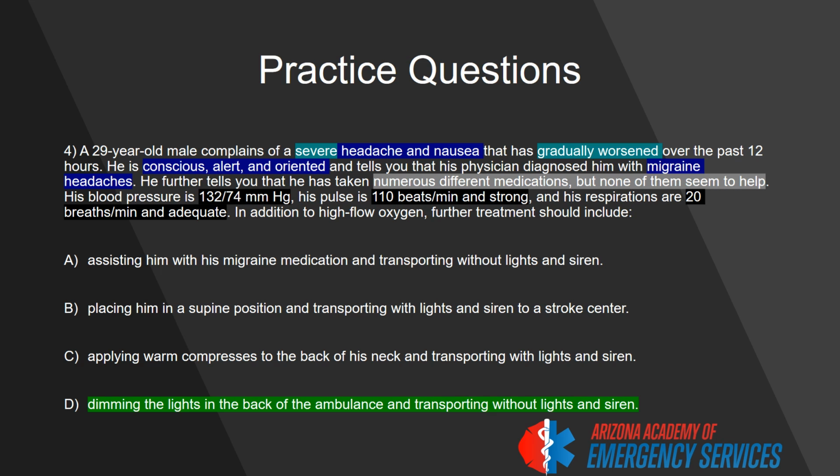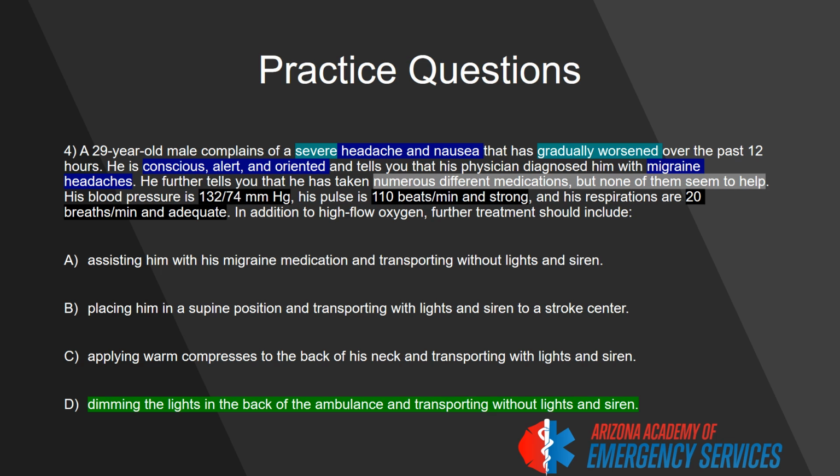We didn't really see anything significant that would let us know that maybe this is a headache that, like we talked about earlier, is something more than just a headache, like a hemorrhagic stroke. We're not really seeing signs of Cushing's triad or signs of increased cranial pressure, and that's why the vital signs were important in this scenario here. But we didn't really see anything stand out.